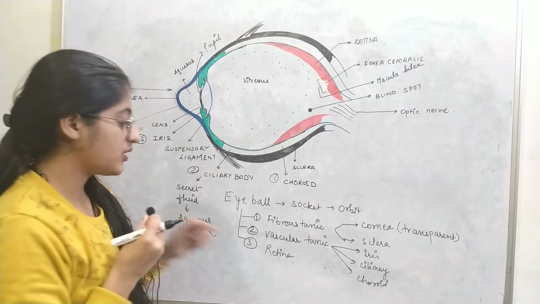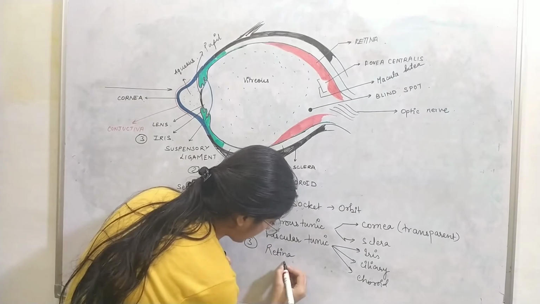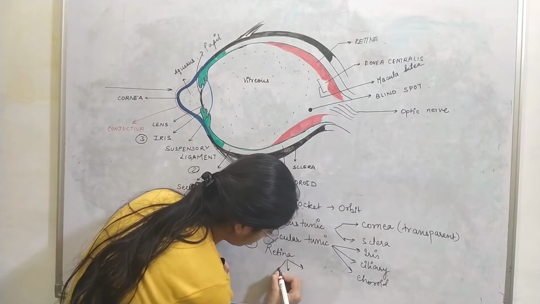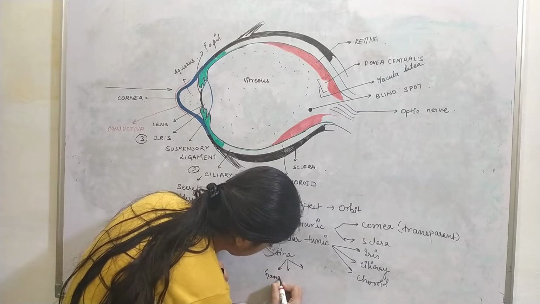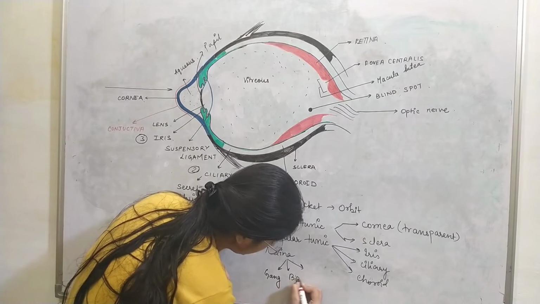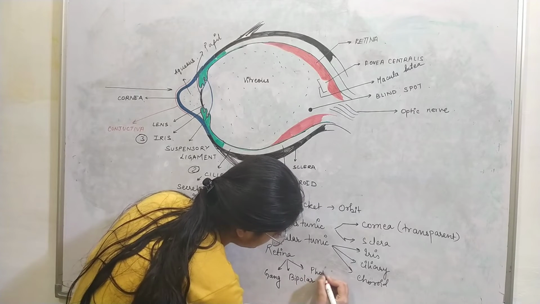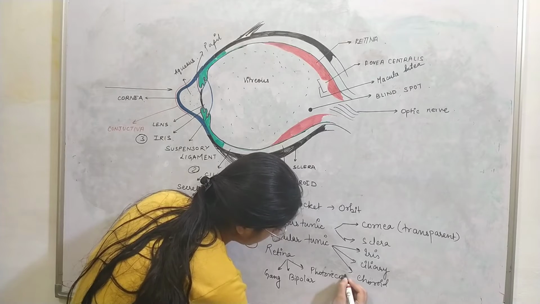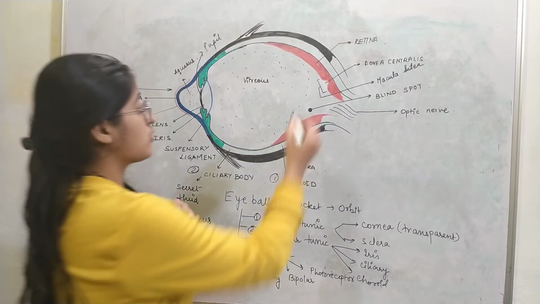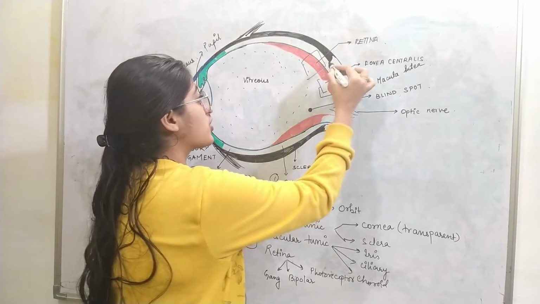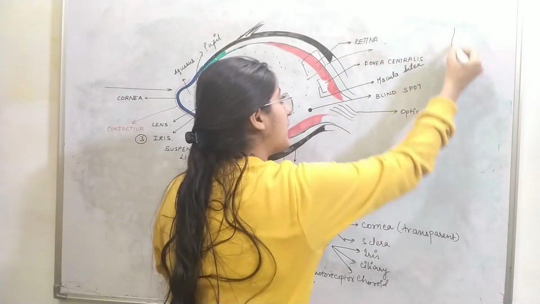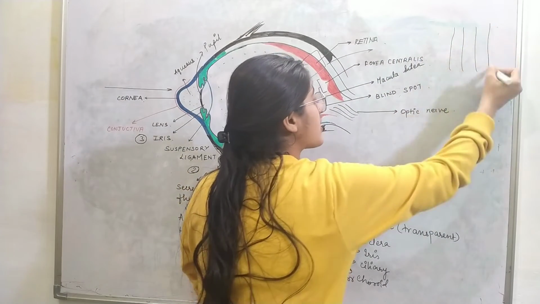Now the third part is the retina. The retina is further divided into three types of cells. The first is the ganglion cell, the second is the bipolar cell, and the third one is the photoreceptor cell. If we enlarge this portion, it is made up of mainly three types of cells.